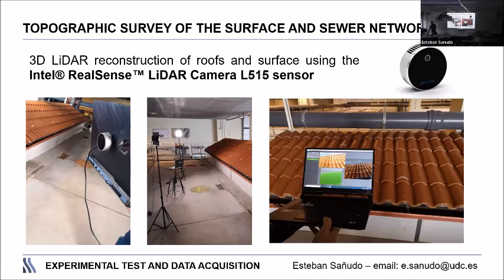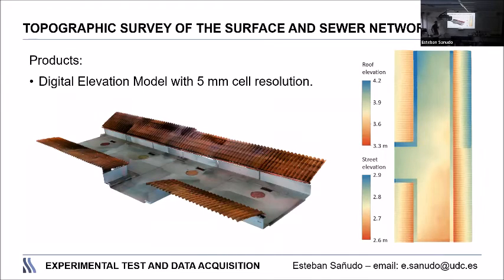After post-processing this point cloud, we obtain the digital terrain model or digital elevation model of the facility with a 5 millimeter cell resolution. This is the map that we use later to validate the equation and the model.